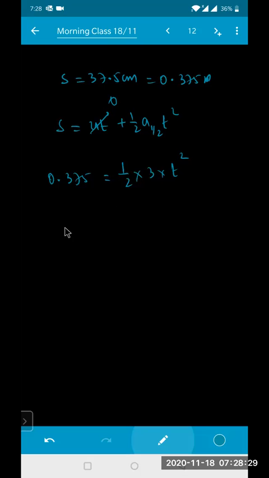So t square value is 0.375 divided by 1.5, since half into 3 is 1.5. That gives 0.25. So t will be equal to 0.5 seconds.